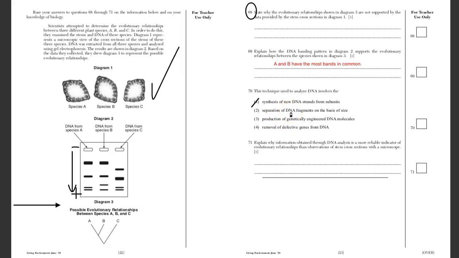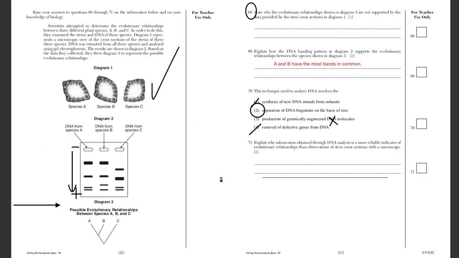Separation of DNA fragments on the basis of size? Yes, that's basically what it's doing. Production of genetically engineered DNA? Nope. Removal of defective genes from DNA? No, we're not doing that. This is a test to compare DNA for analysis of relationships.